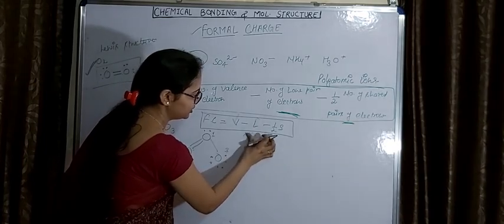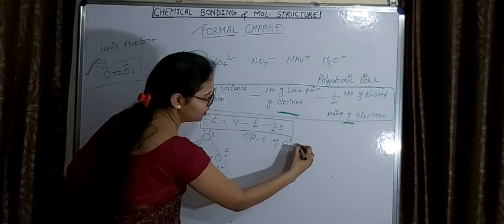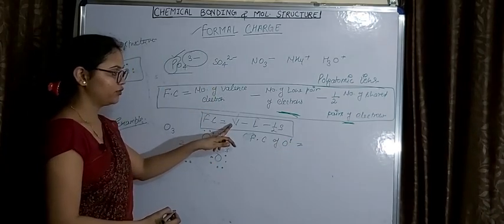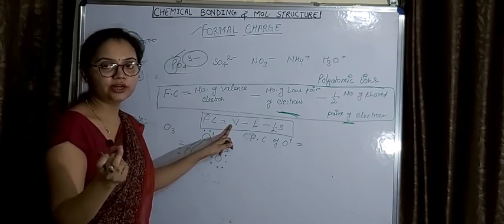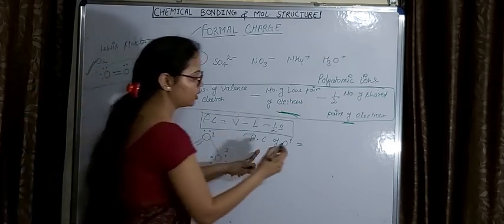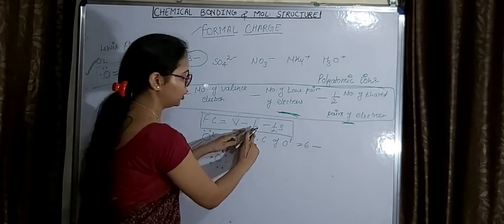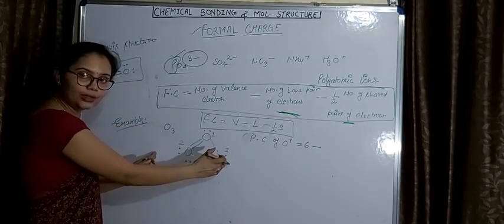So the formal charge of O1 equals, what is the formula? Number of valence electrons. We know that oxygen has 8 electrons, so the valence electrons will be 6. So 6 minus lone pair of electrons. We check the lone pairs in the Lewis structure.